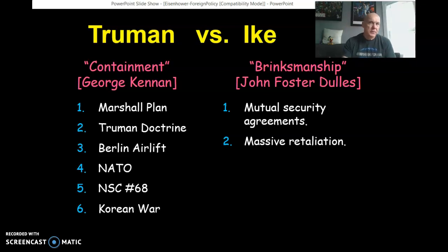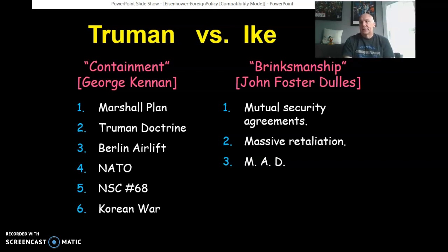And he said to the Soviets basically that if you attack a NATO member, if you are expanding, we're not just going to go to war, we are going to destroy you. We are going to send all of our atomic weapons to you and wipe you off the face of the earth. So it's what we call massive retaliation, or it's sometimes called MAD, mutually assured destruction.